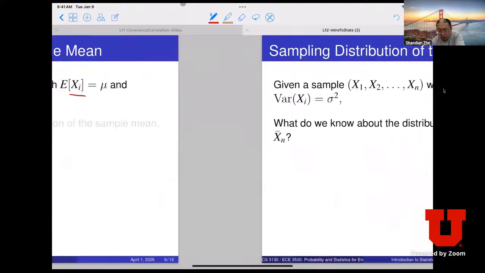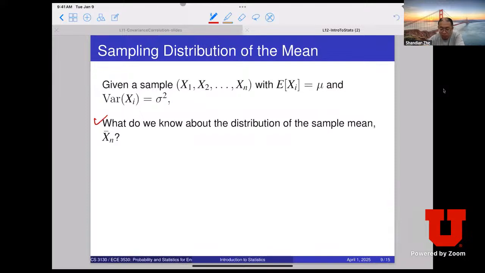Then what do we know about the distribution of the sample mean? The sample mean, again, is just the average of these n IID random variables.